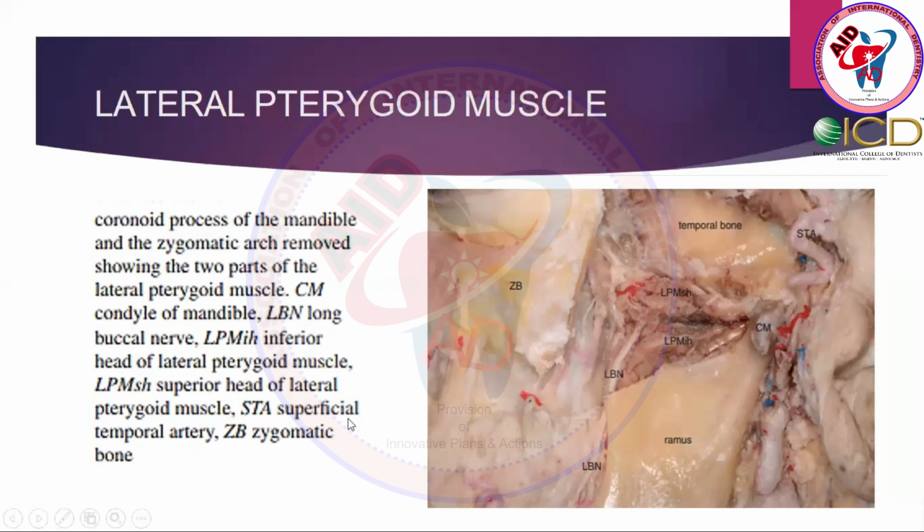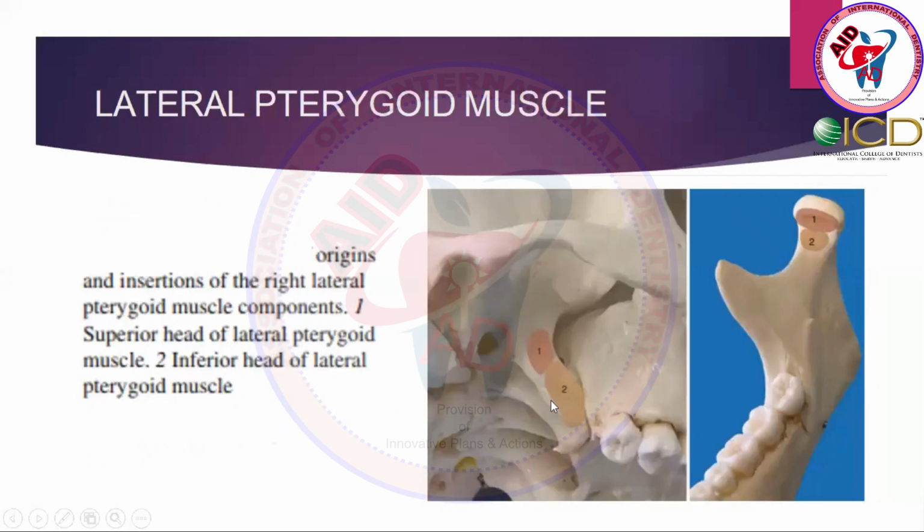Now, the origin is right from the lateral pterygoid plate, and the superior head gets its origin from the sphenoidal area and lateral pterygoid area. In insertion, you see the upper head is inserted here with reference to the disc, and the lower head attaches to the neck of the mandible right there.